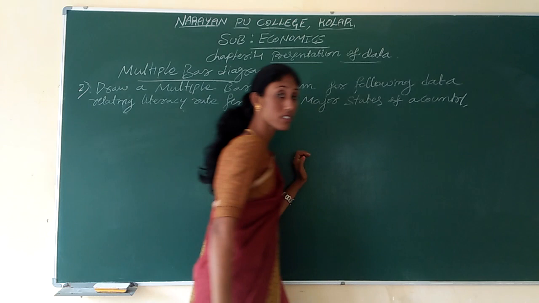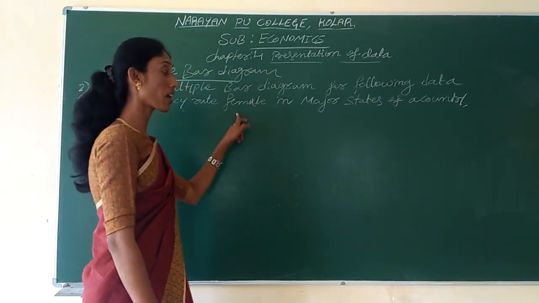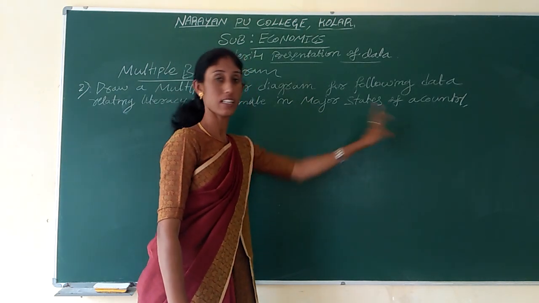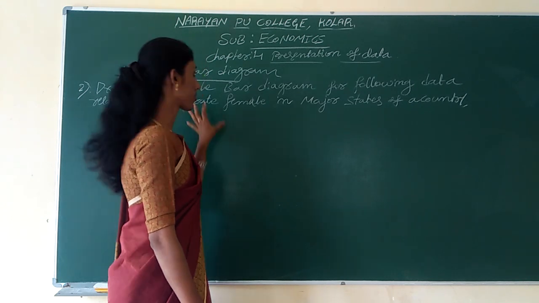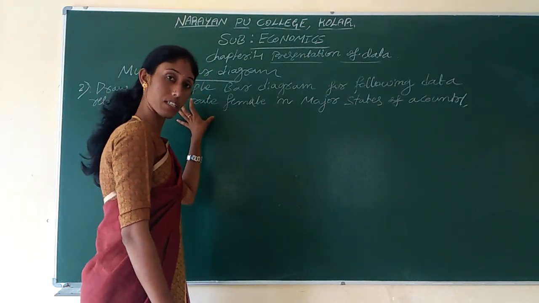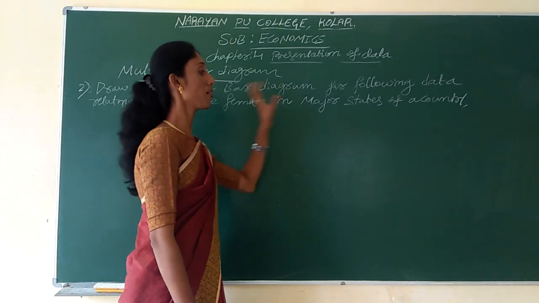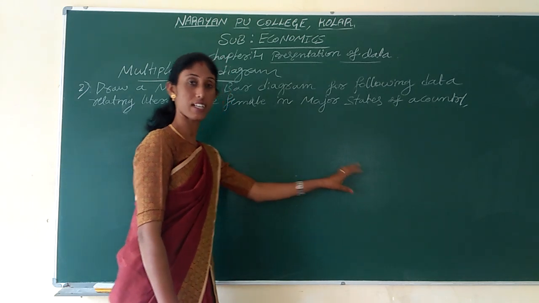We are discussing the literacy rate of females in some of the major states of our country. Now we will take the data. In the question itself, they give the data, and by using that data we need to draw a multiple bar diagram. Take the data now.